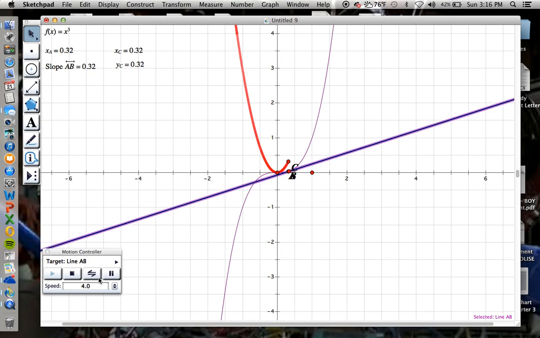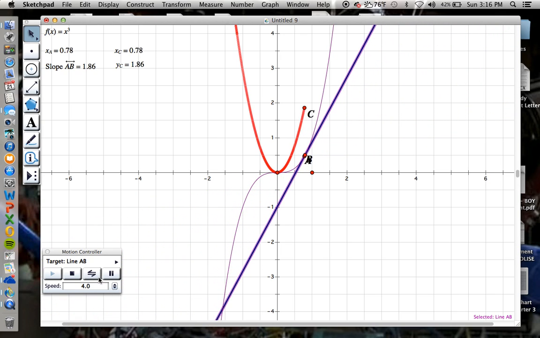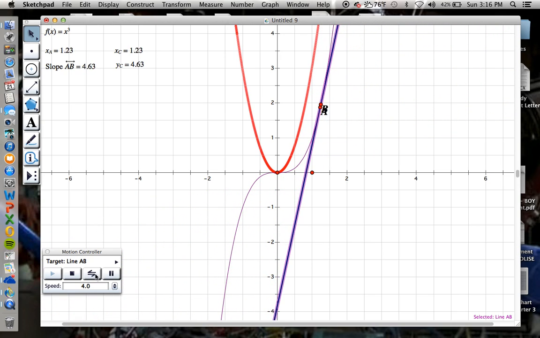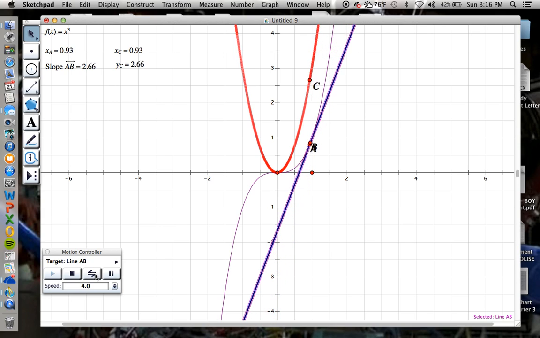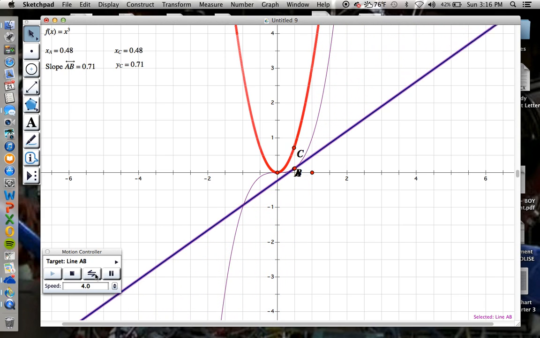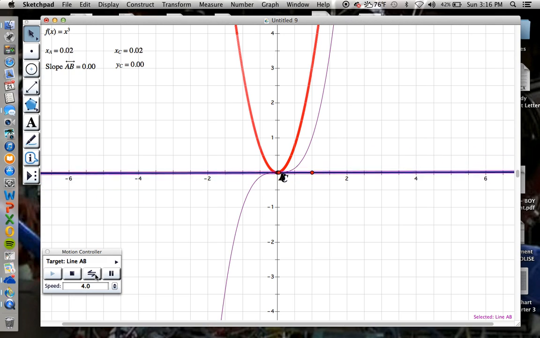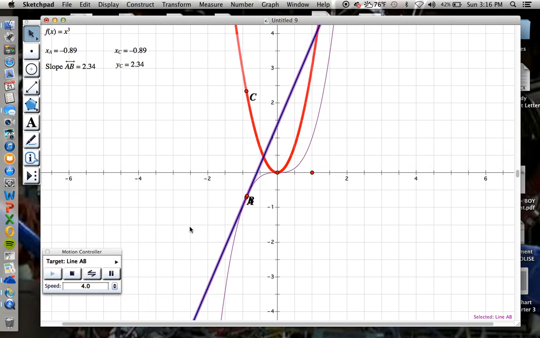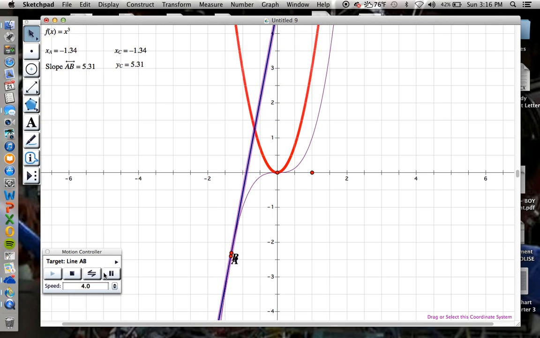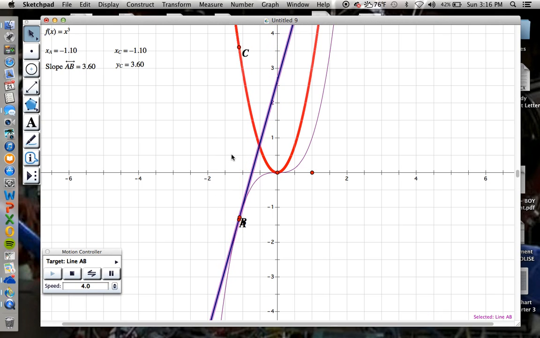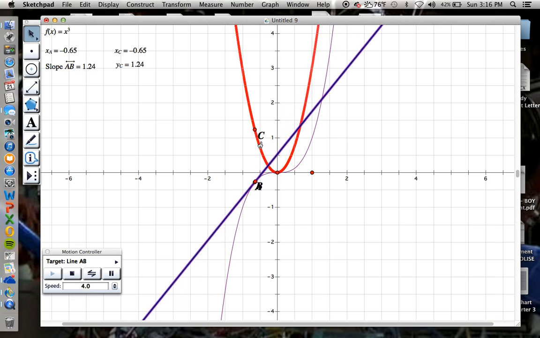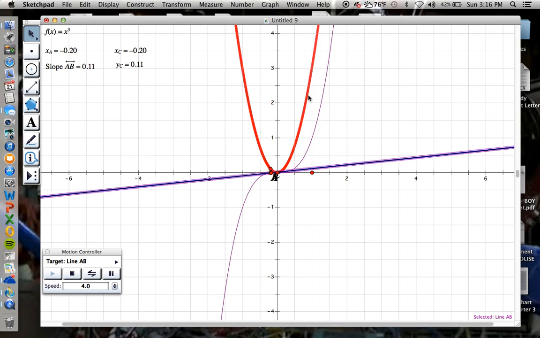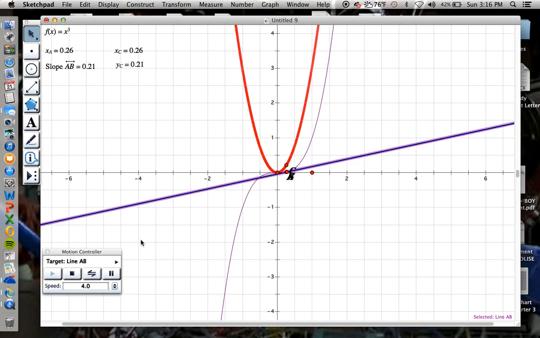It's kind of interesting, but given a cubic function, if I take the derivative of a cubic function, it's going to give me a parabola. If I plot a point from my derivative, and my derivative generates the slope of the tangent line at any x value, and we collect all those points and put them together, we get a parabola.